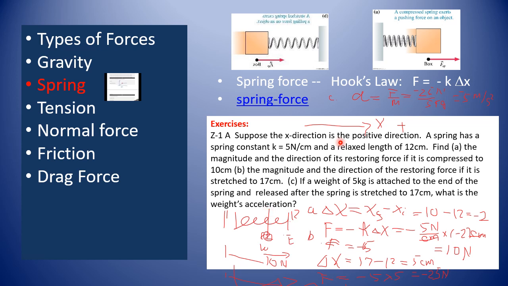That's simply Newton's second law again: force divided by the mass gives you the acceleration. The force is -25 newtons, because the spring is stretched, so it tries to shrink back, and the mass is 5 kilograms, so the acceleration will be -5 meters per second squared, pulling back. So that's this problem.